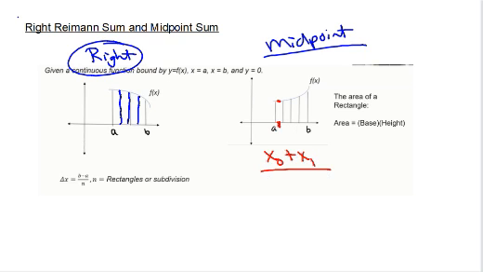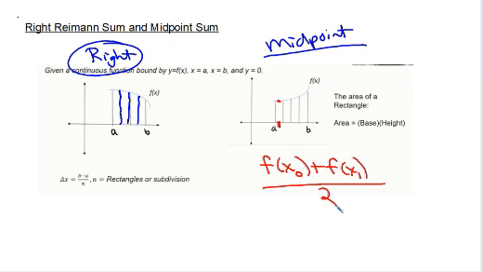Let me label those as f of x sub 0. The first function value and the second function value of the rectangle, and divide them by 2.